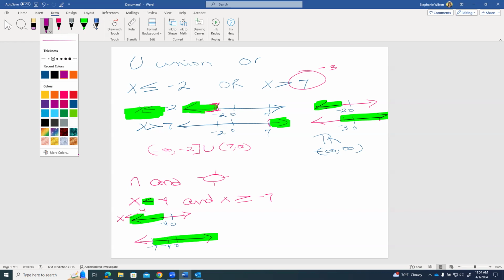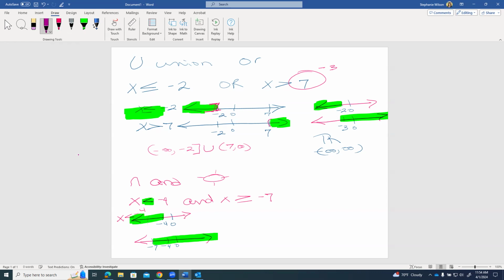Remember, the intersection is what they have in common, where they intersect. So we know it's -7 to -4, and -7 has an equal to, so it has a bracket. So we write bracket -7, -4 parenthesis. Negative 4 doesn't have the equal to on it. So that is my intersection.